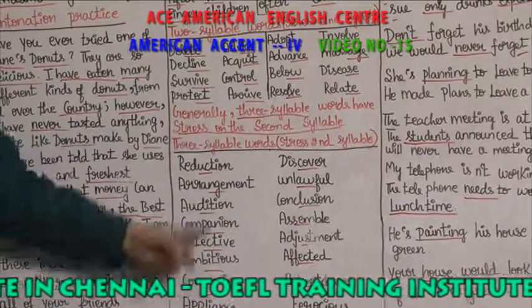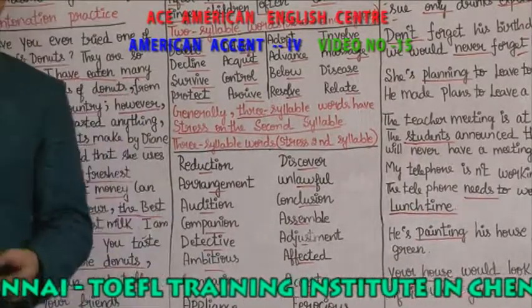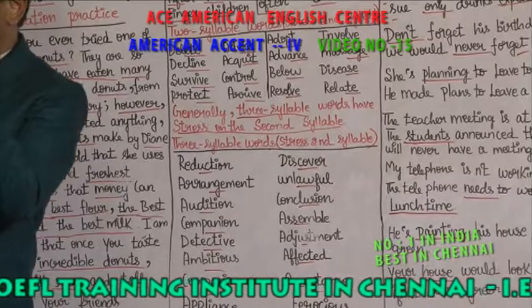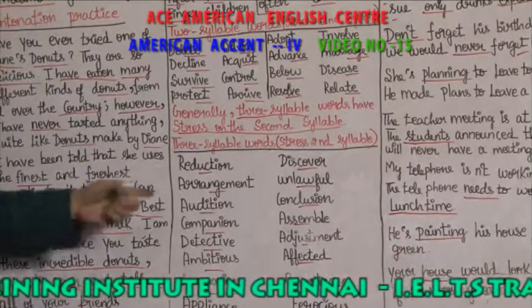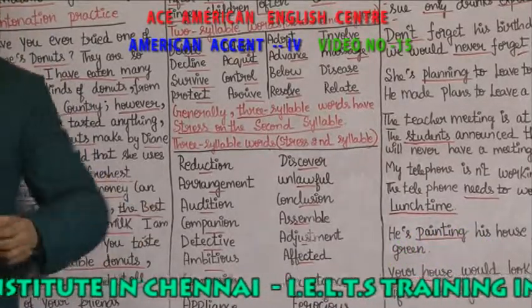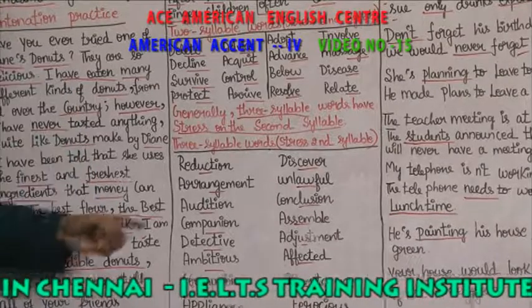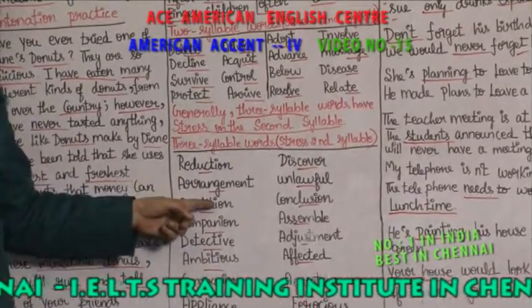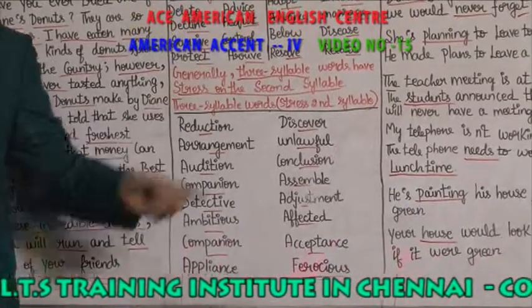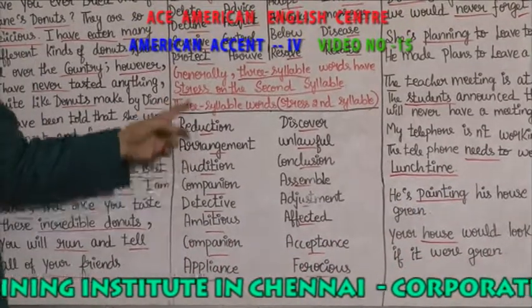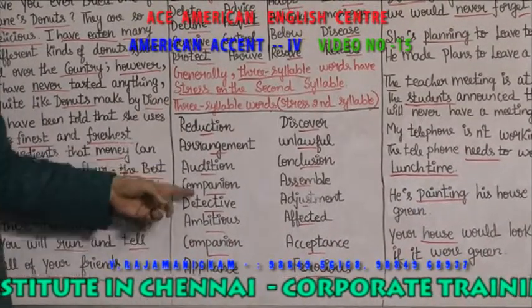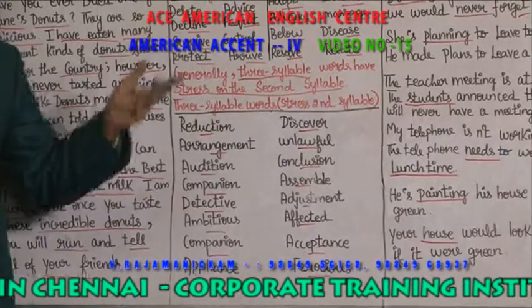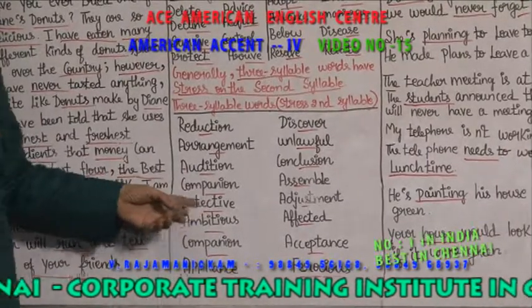ஸோ இங்கே பார்த்தீங்கன்னா 3 சிலபல் வருது. இந்த 3 சிலபல் வருகிற பொழுது இந்த சென்டர் சிலபலுக்கு அழுத்தம் கொடுக்குறீங்க. Reduction என்றால் குறைந்து கொண்டே வருகிறது, டக்டுக்கு அழுத்தம் கொடுக்குறீங்க. Arrangement, ஏஞ்சுக்கு அழுத்தம் கொடுக்குறீங்க. Audition, டிஷனுக்கு அழுத்தம் கொடுக்குறீங்க. Companion, பேனுக்கு அழுத்தம் கொடுக்குறீங்க.